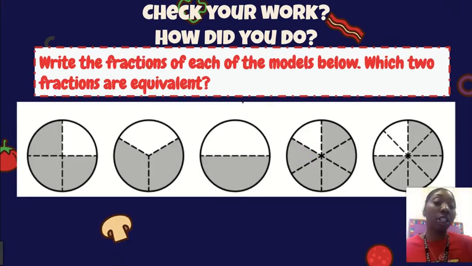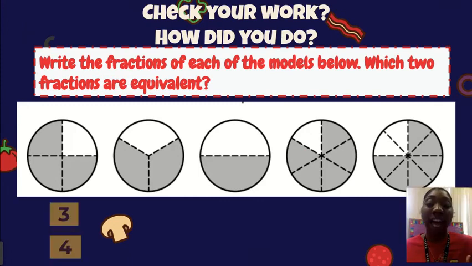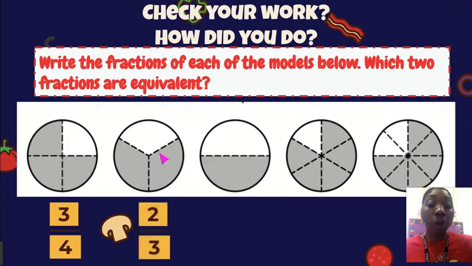So now let's look very closely at our last problem. So remember, we said that there are 3 out of 4 parts shaded. So the fraction is 3/4. What about this one? What did you get? Excellent. There are 2 out of 1, 2, 3 parts.